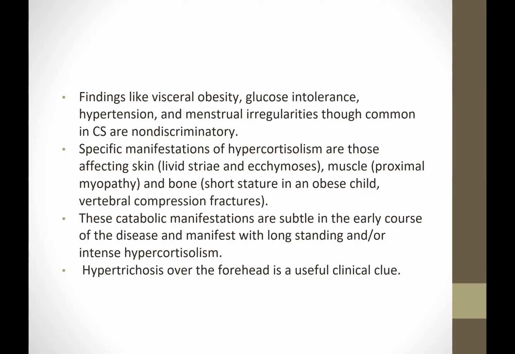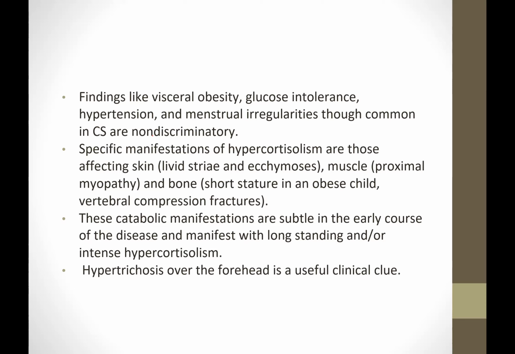Specific manifestations of hypercortisolism are those affecting skin, that is livid striae and ecchymosis, in muscle, that is proximal myopathy, and bone, short stature in an obese child, and vertebral compression fractures. These catabolic manifestations are subtle in the early course of the disease and manifest with long-standing and/or intense hypercortisolism. Hypertrichosis over the forehead is a useful clinical clue.